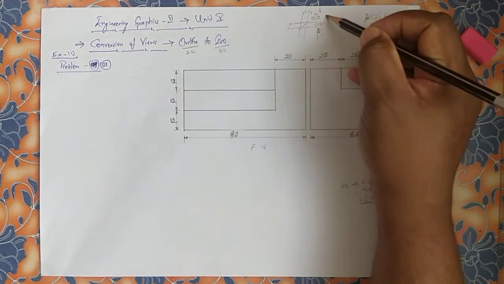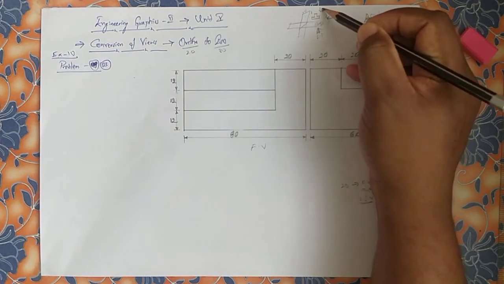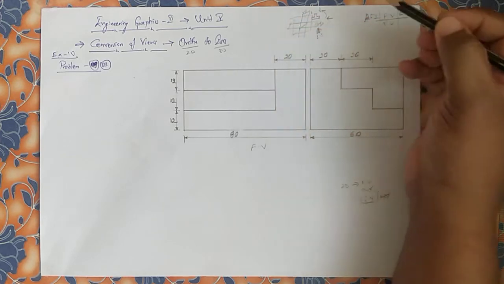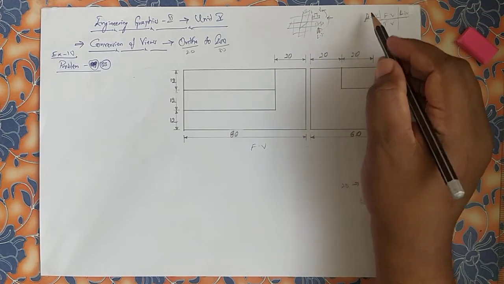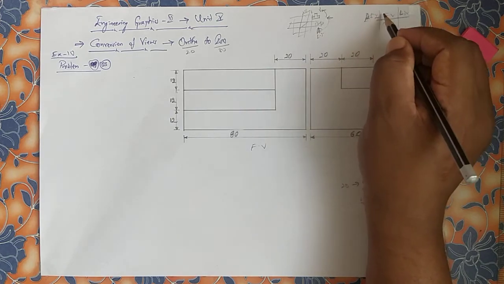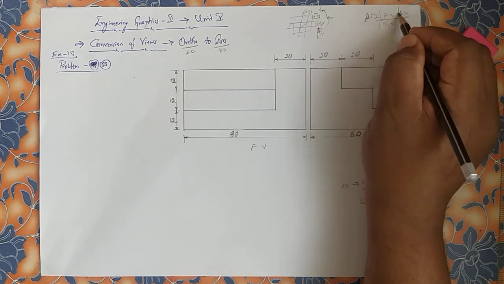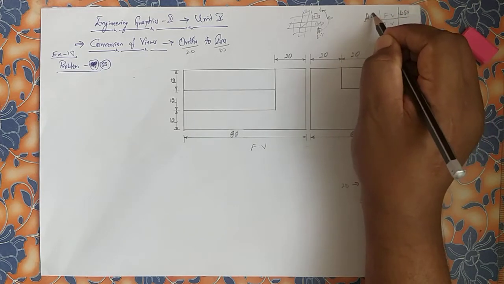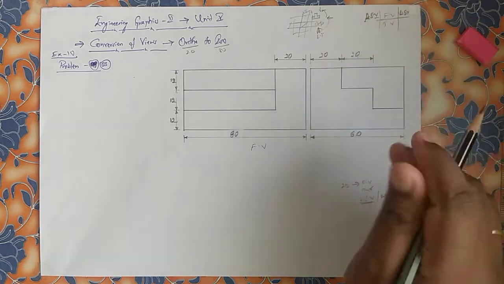When you are looking from the right side, it will be projected on the profile plane on the left side. So finally, left side view will be on the right side and right side view will be on the left side. That's the concept.